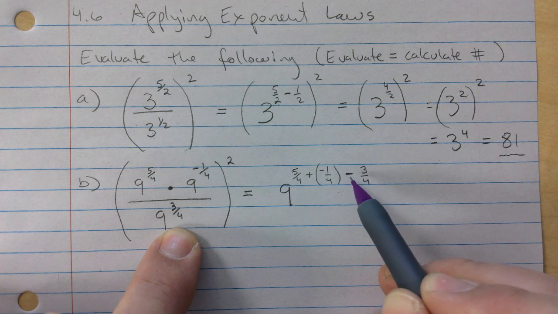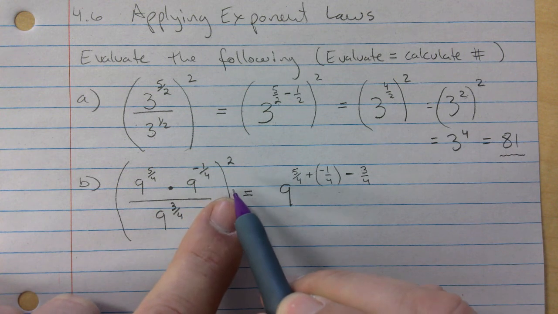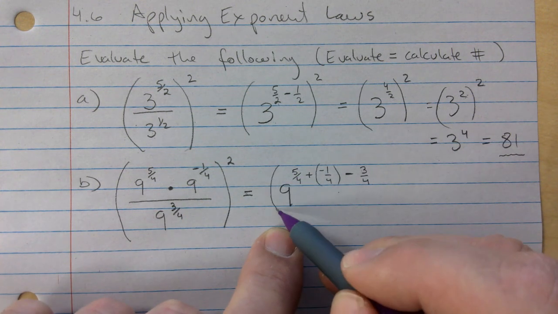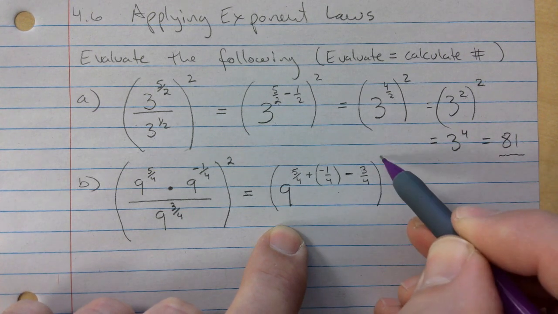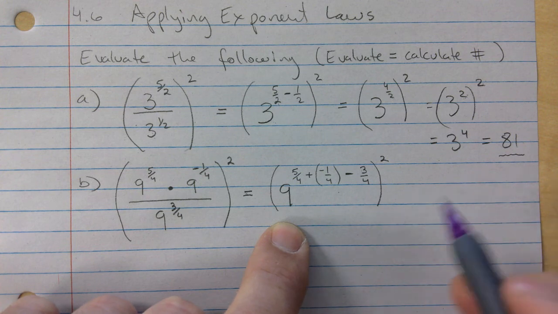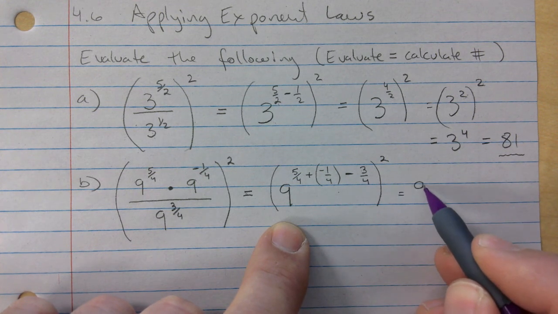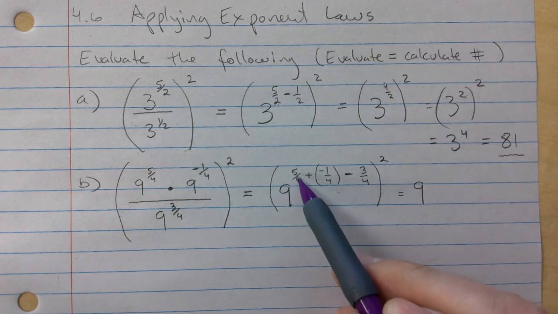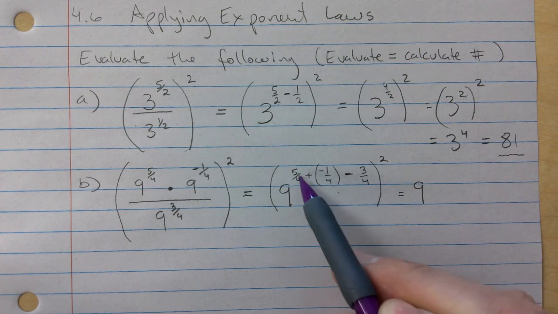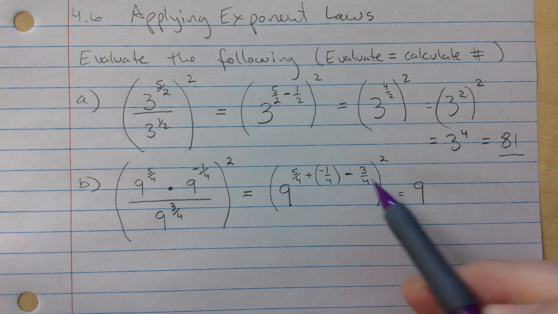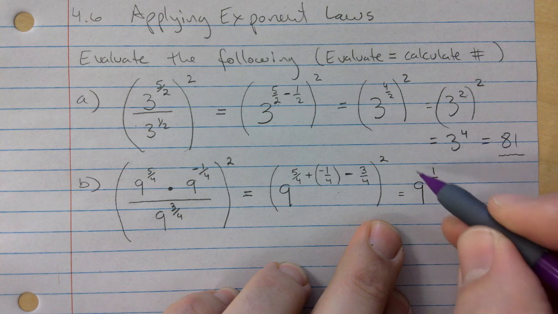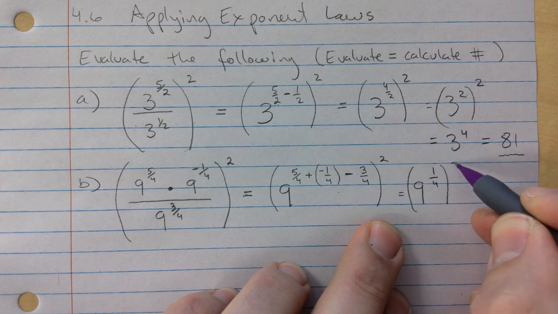So you add whatever is multiplying here, you subtract the denominator. And that whole thing is still squared. And now we can probably simplify because they're all quarters. So this is 5 minus 1, that is 4. 4 minus 3, that is just 1. 9 to the 1/4, squared.